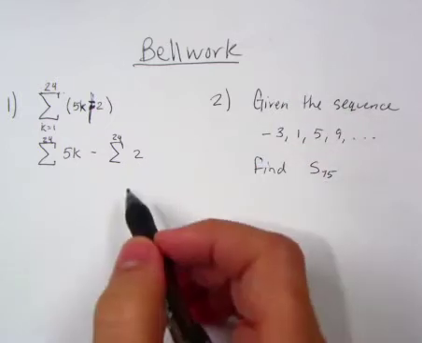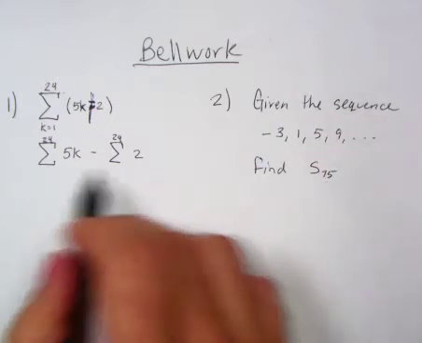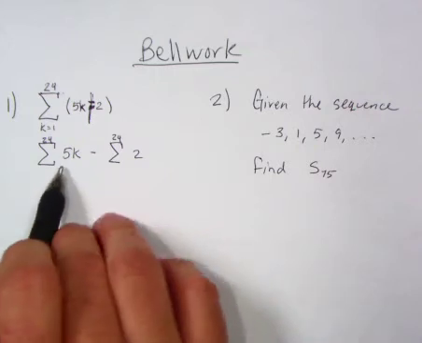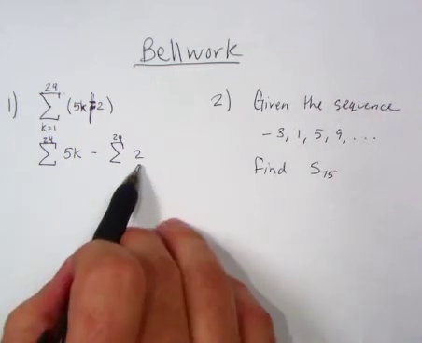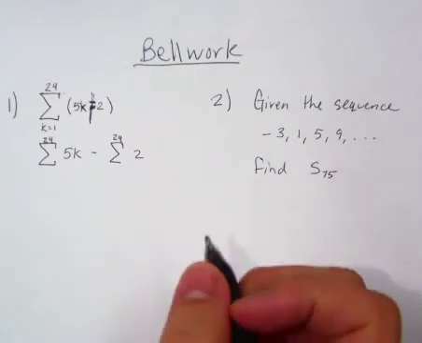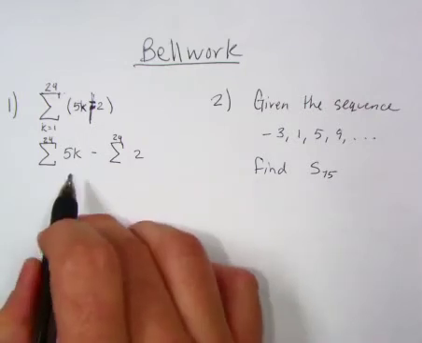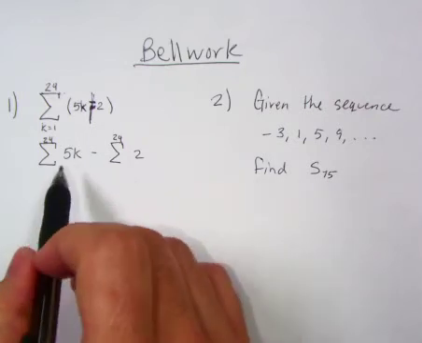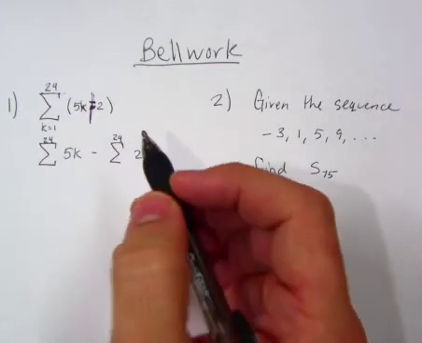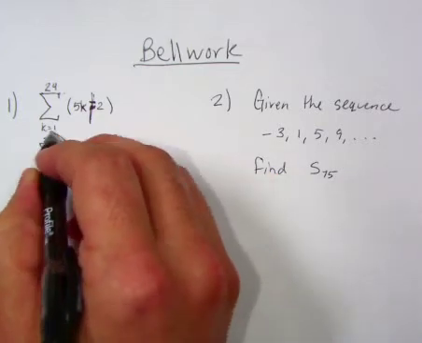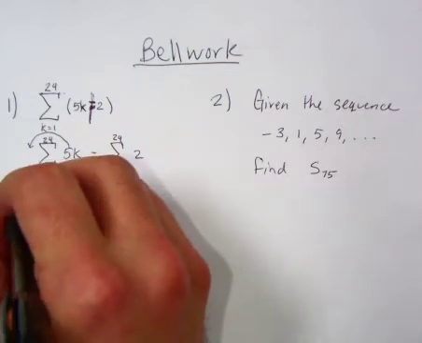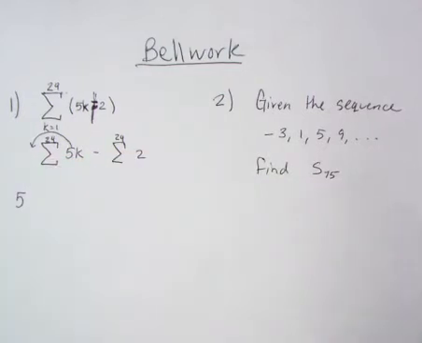And if you remember right, there were formulas for this, and these formulas should be on the board. But there is a constant sum, there's a linear sum, and then there was a quadratic sum. Before we get to that, there's something we can do with the 5. The 5, because it is a coefficient, can actually be bumped out to the outside. So then you'll have 5 on the outside here.